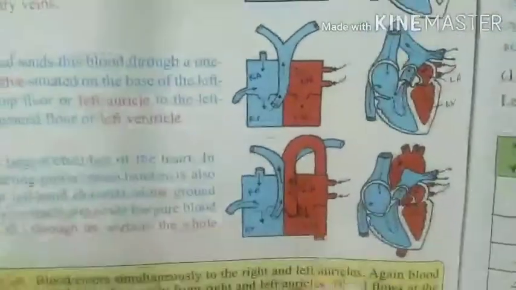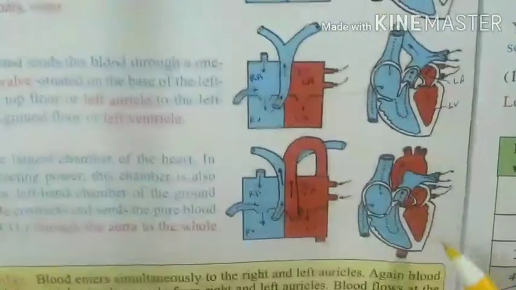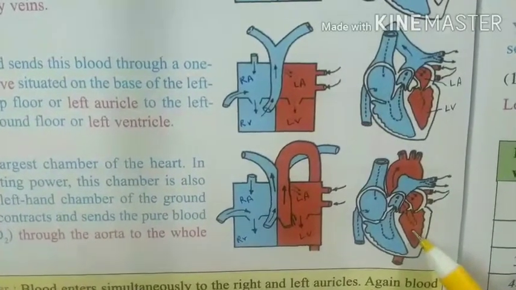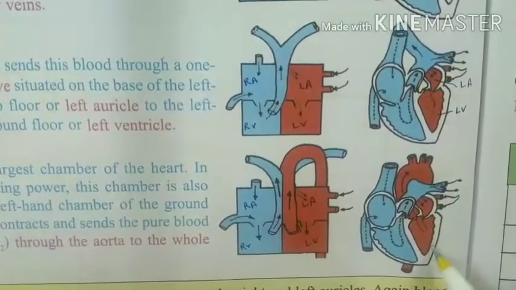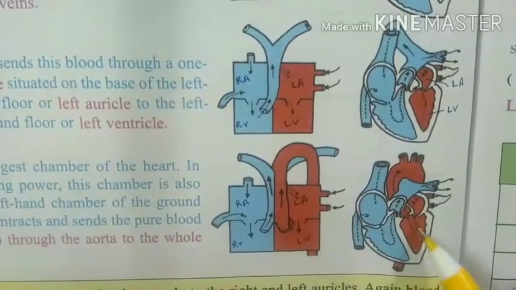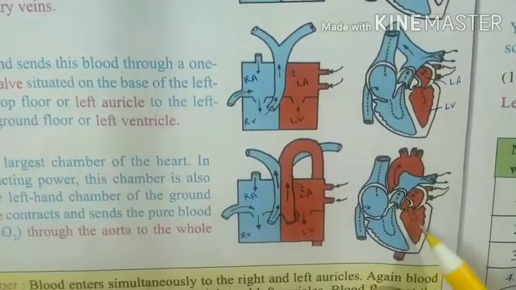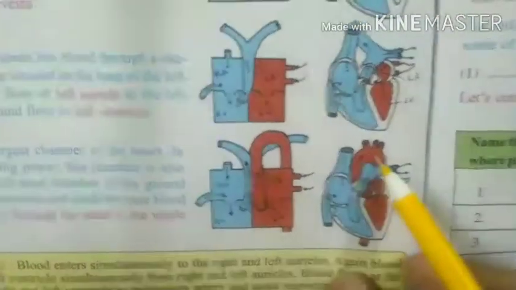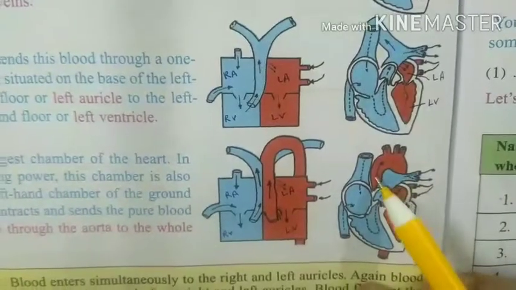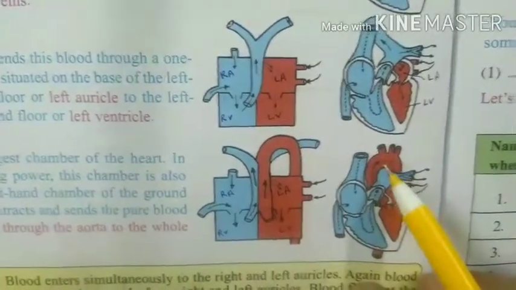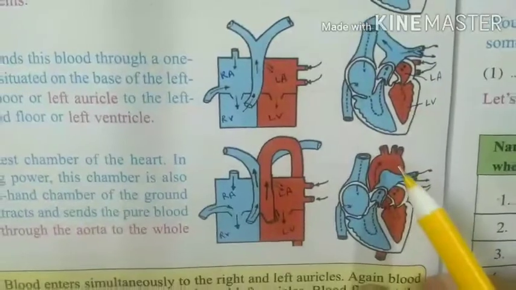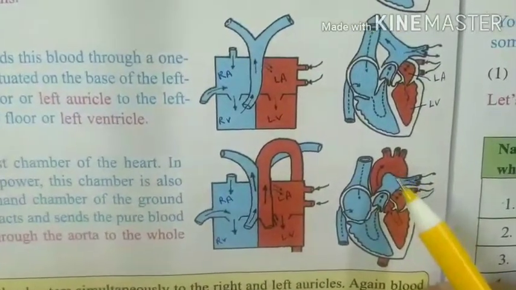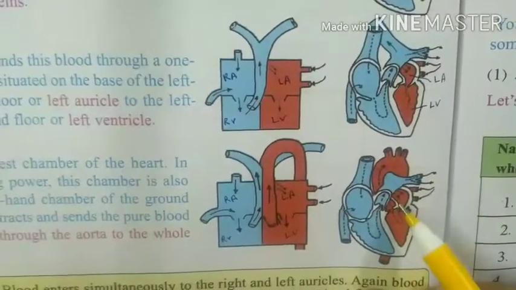Now come to this point. After pure blood reaches the ventricle, it contracts, and as a result, this pure blood goes into the aorta, and through this aorta, pure or more oxygenated blood reaches the different parts of our body.